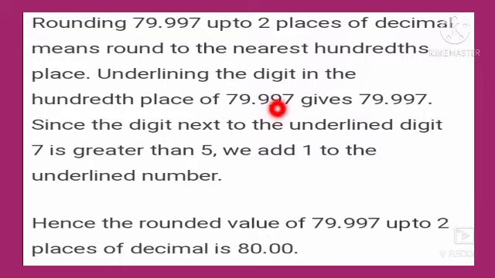So 9 plus 1 becomes 10. The 0 remains here and 1 is added to the whole number 79. So 79 plus 1 is 80. Thus, the rounded value of 79.997 up to 2 places of decimal is 80.00.